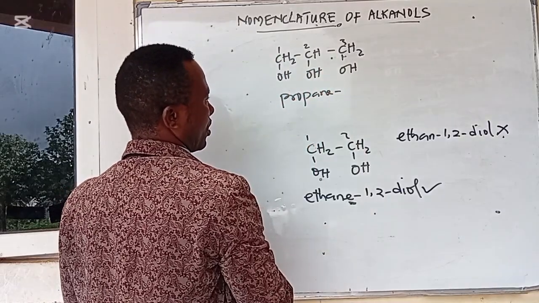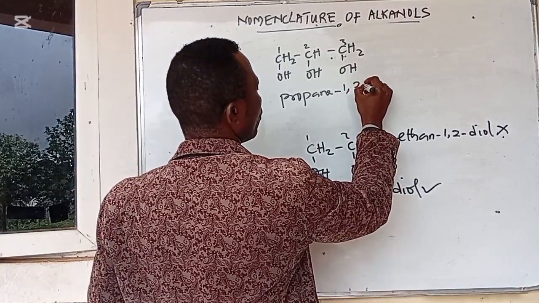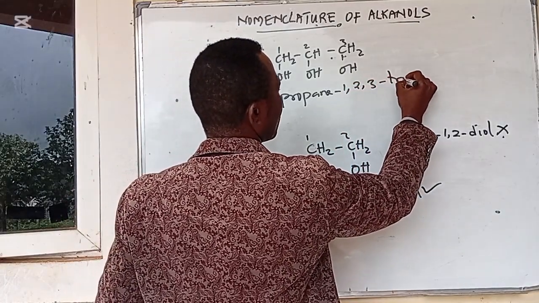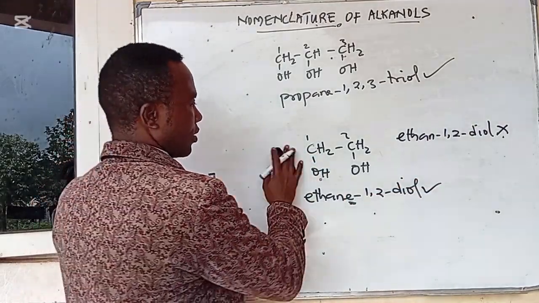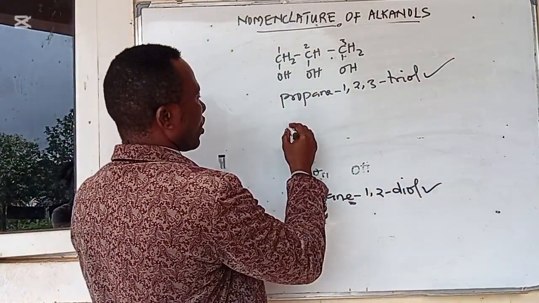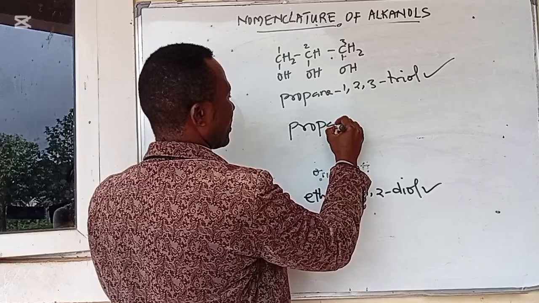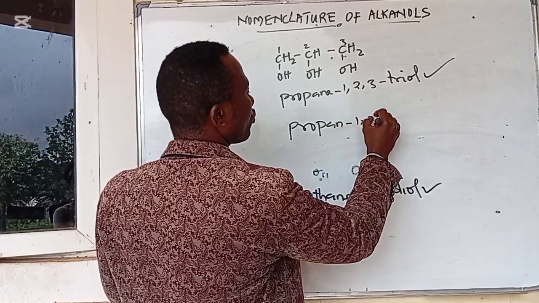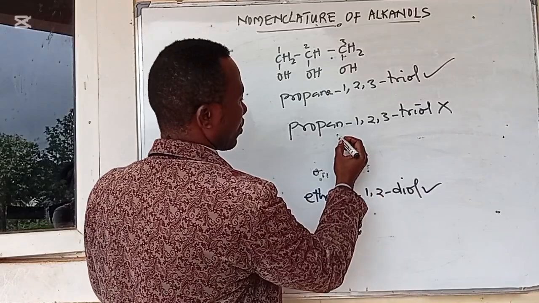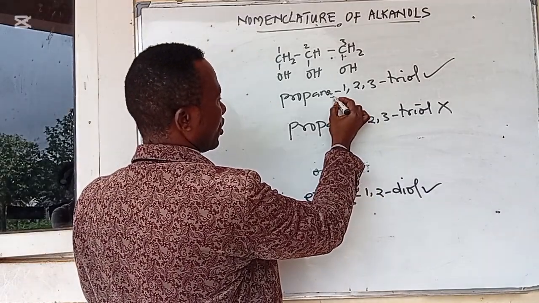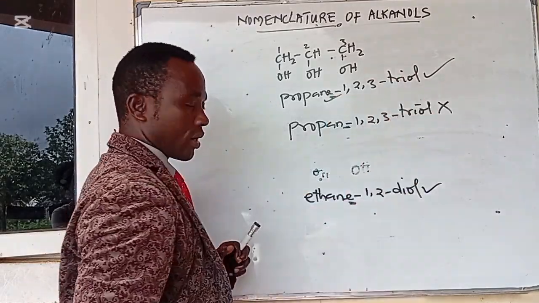So it is propane-1,2,3-triol. That is the correct nomenclature. And don't use propan-1,2,3-triol. This one is wrong because there is no E. So this is what is correct.